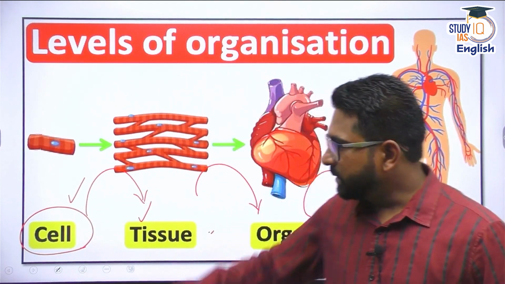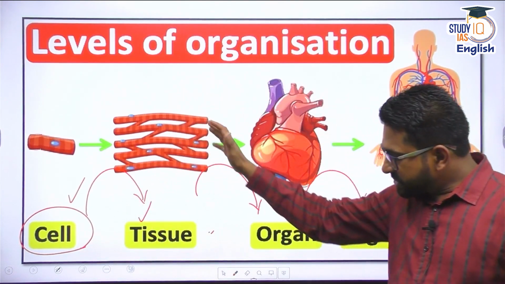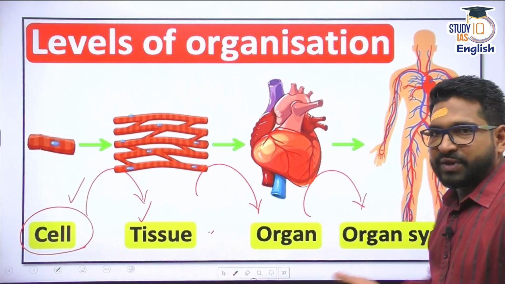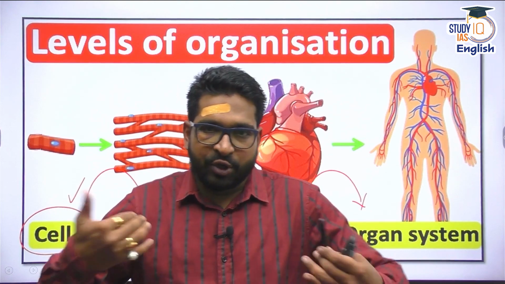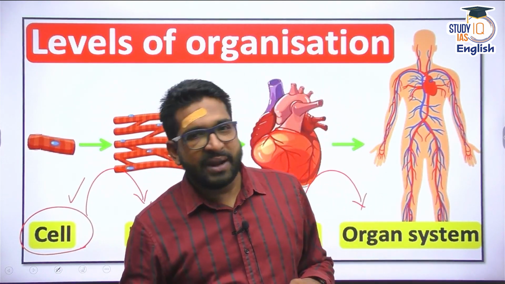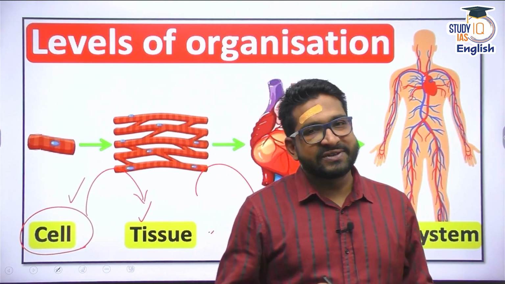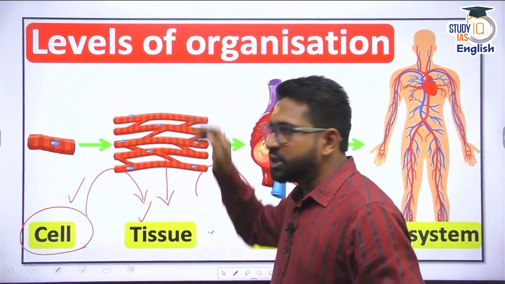So this is the organization or levels of organization. From a cell, we move towards a tissue. From tissue, we move towards organ, and organ in a system runs your metabolic activity. For humans, there are different kinds of systems. For plants, there are different kinds of systems. Plants undergo photosynthesis. Now, we perform different metabolic activities. So, today's discussion is about this particular stage, tissue.